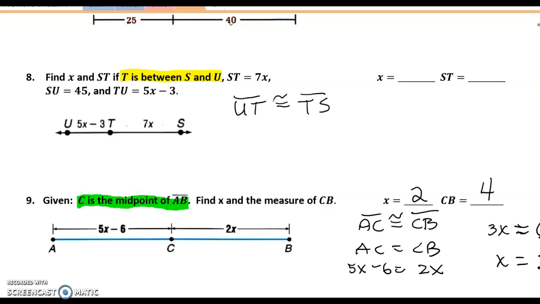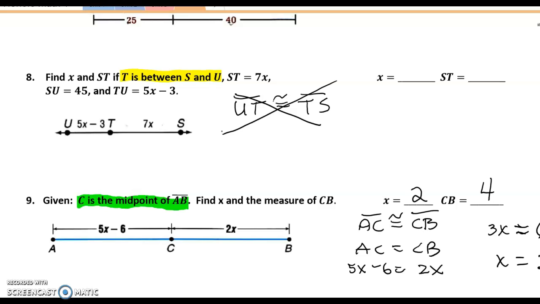Therefore, if you wrote a statement saying that UT is congruent to TS or UT is equal to TS, then you've made the mistake of thinking that the word between is the same thing as midpoint. This is not true based off of the given information. We do not know if T is a midpoint.